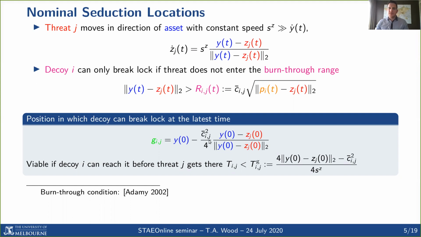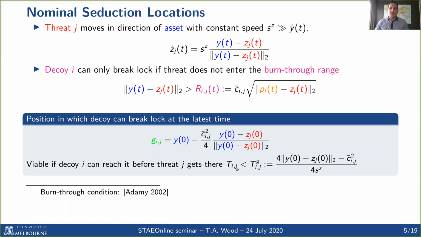So this electromagnetic parameter squared divided by 4, this distance away from the asset, will remain a good position where breakthrough conditions don't hold yet, so we can do the seduction for the longest time.